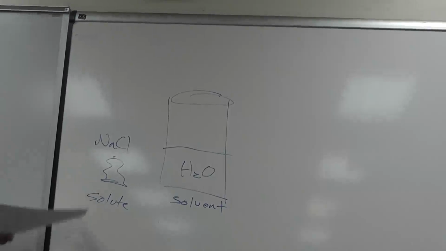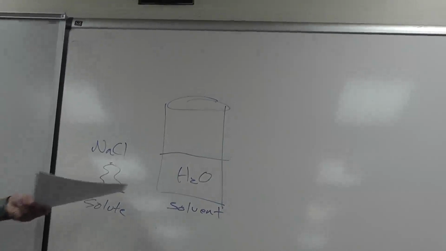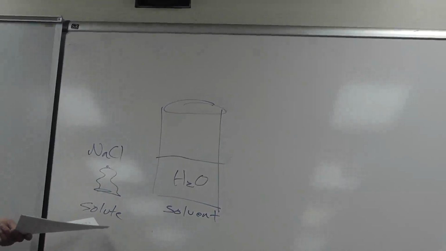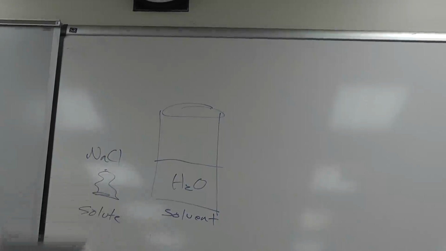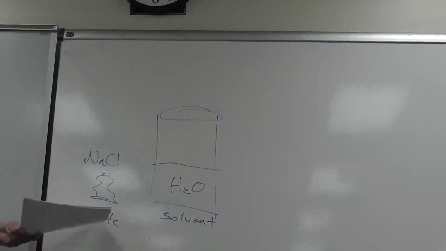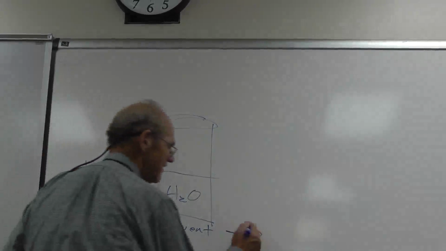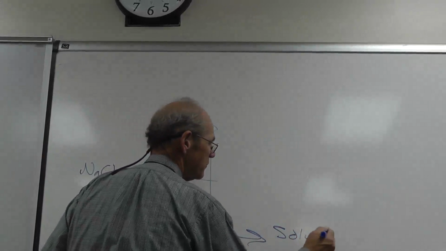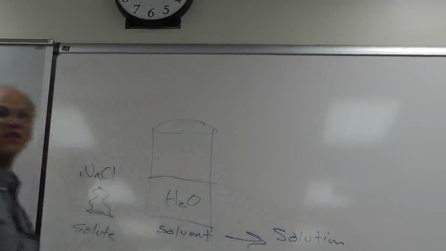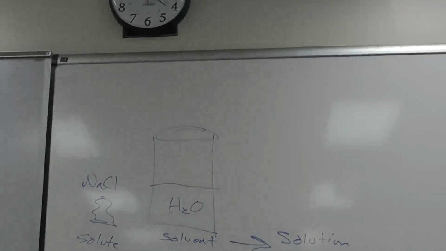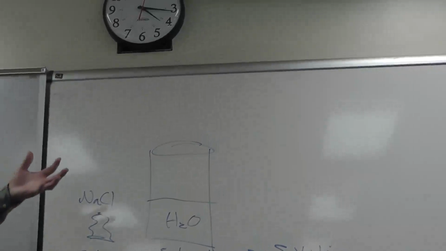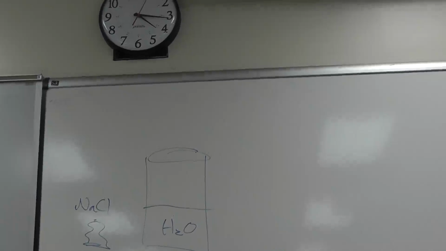So if you're looking at a solute and a solvent, the solute, what dissolves, is put into the solvent. This is a lower percentage, this is a higher percentage. The sum of that is the solution. You are probably most familiar with a solid dissolving into a liquid, creating a solution.